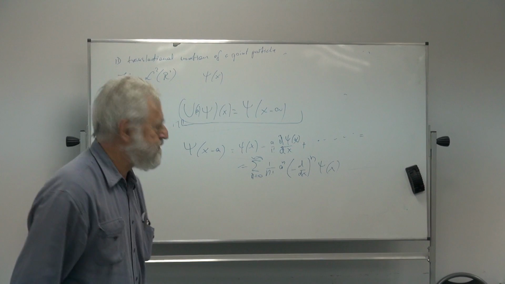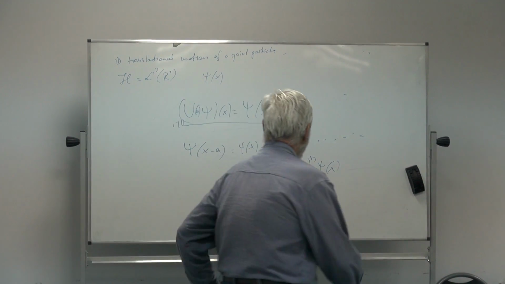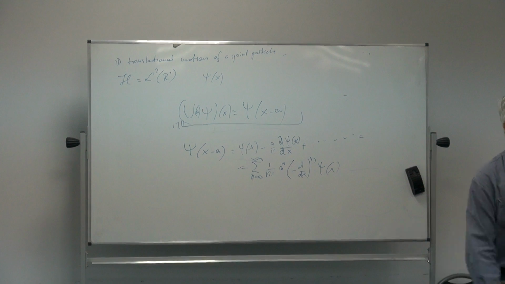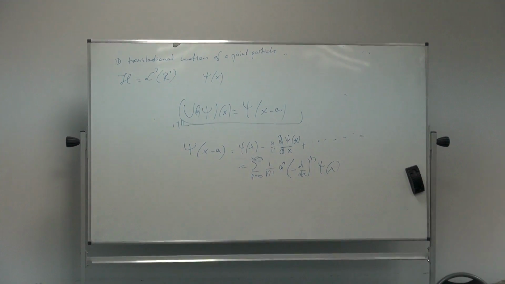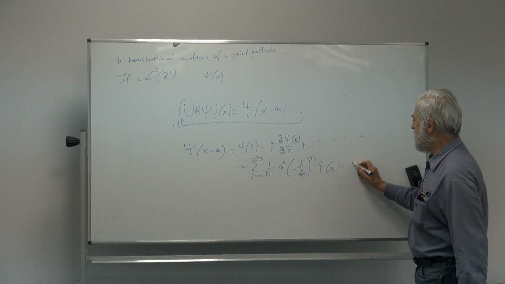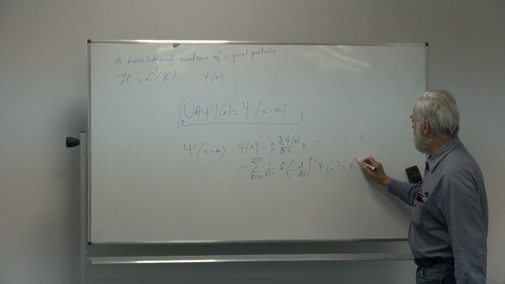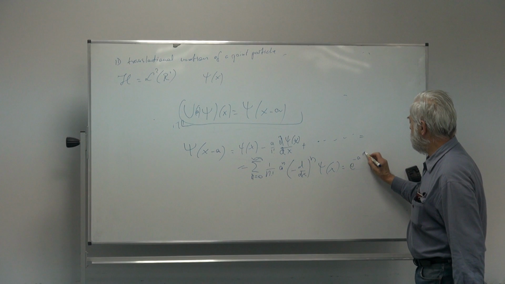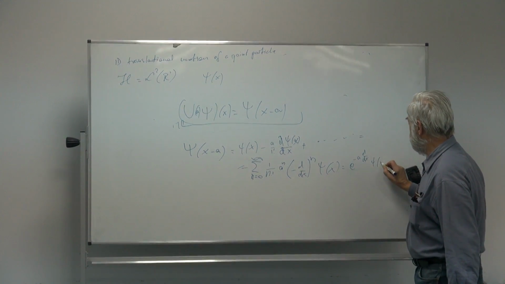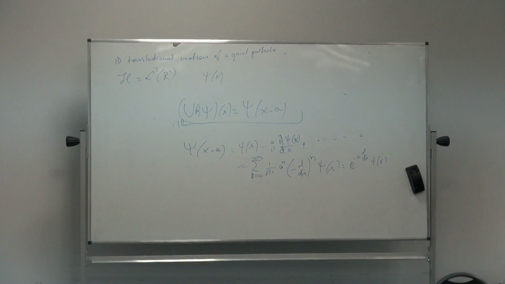Sure it is. Okay, so when I look at this fellow, it is nothing else but symbolically the exponent, yes? This is about the same as saying that this is e to minus a d by dx times psi of x. You agree?